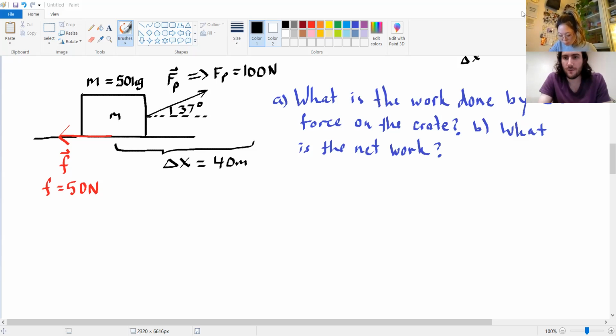Remember, with the friction force, you can use that formula with the cosine theta, but you have to think about what is theta in that case.